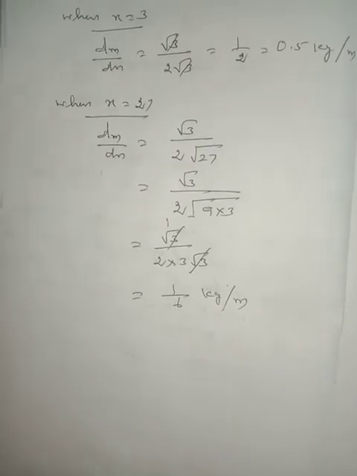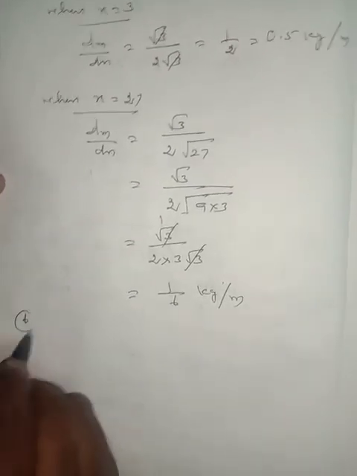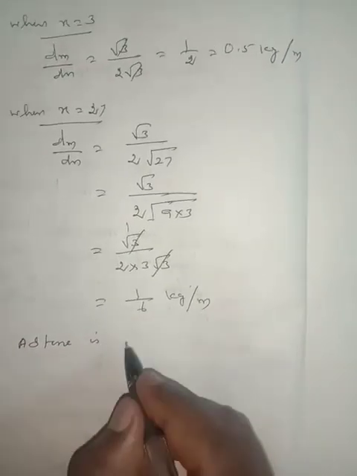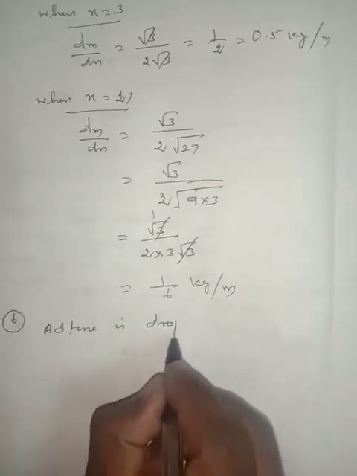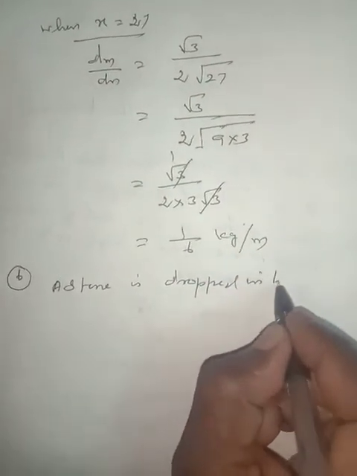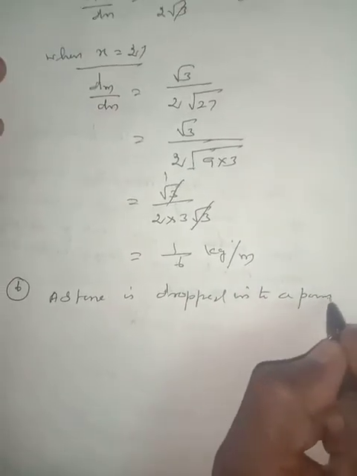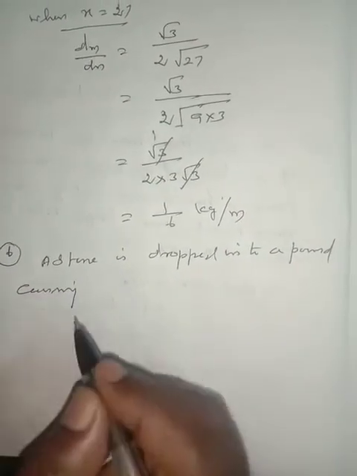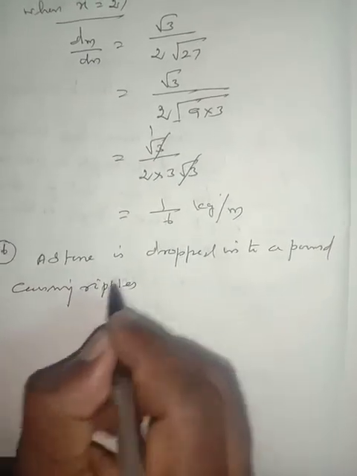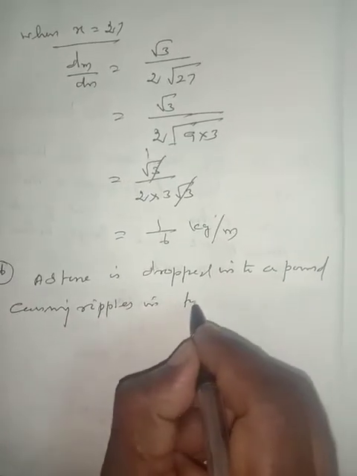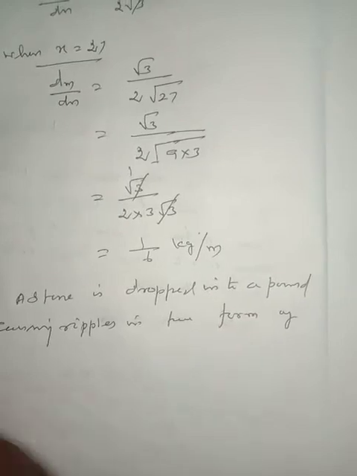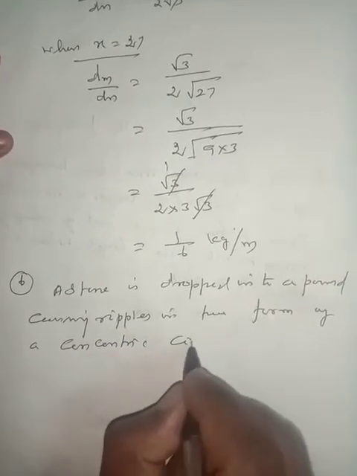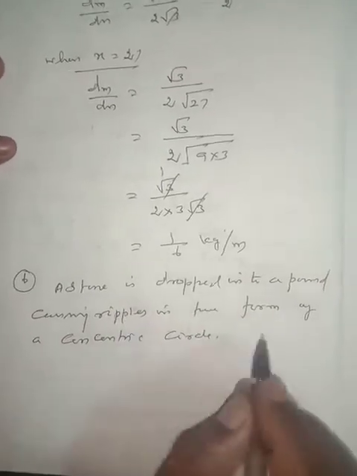Next, question number 6. A stone is dropped into a pond, causing ripples in the form of concentric circles.